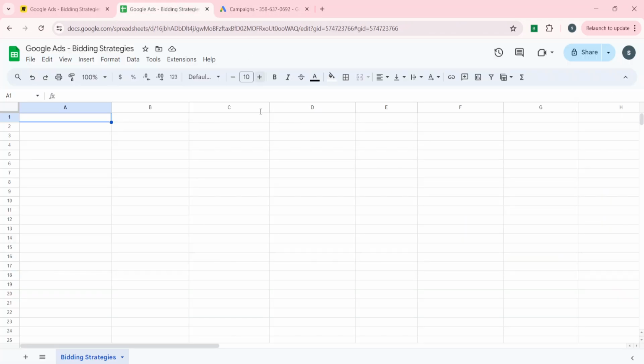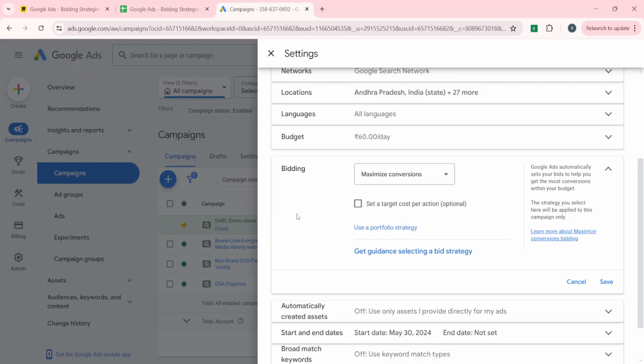The first thing is, either you have to get 15 conversions in 30 days, or you have to get 20 conversions in 45 days. You have to meet either one of these conditions, then only these algorithms can perform well.